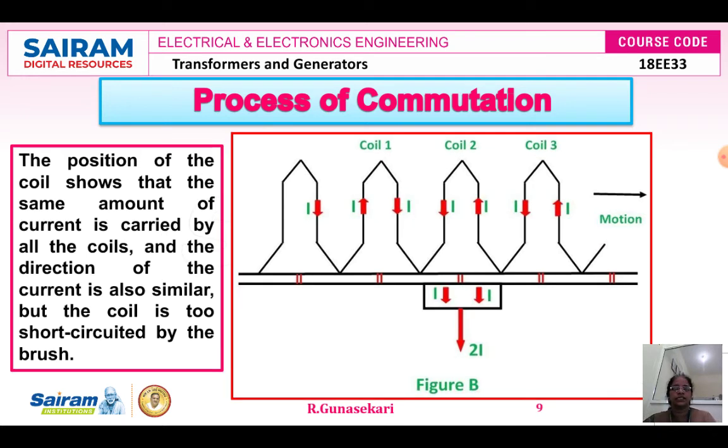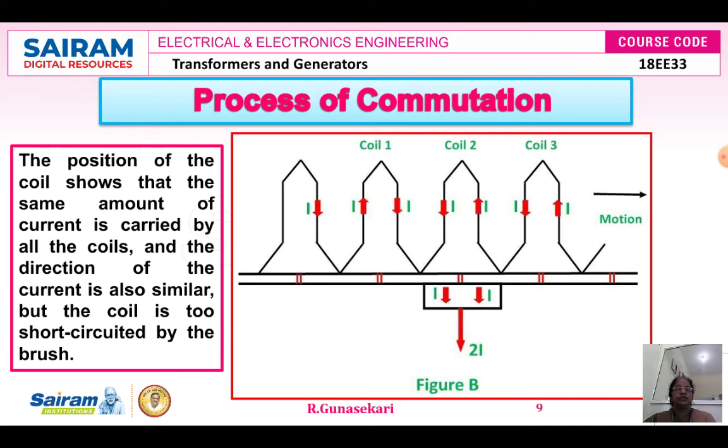Then the second step. Now you see the circuit diagram. The current flows through coil 1 upward to downward, and coil 2 also upward to downward, and coil 3 also upward to downward.